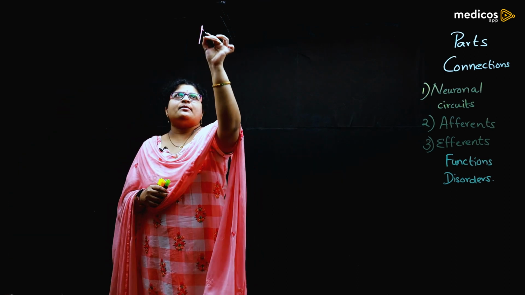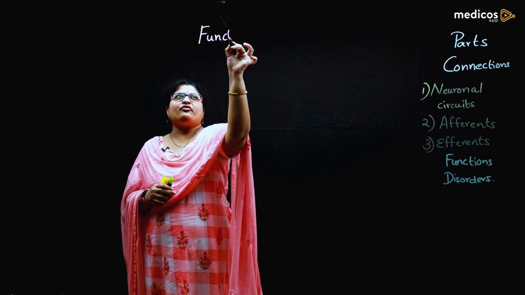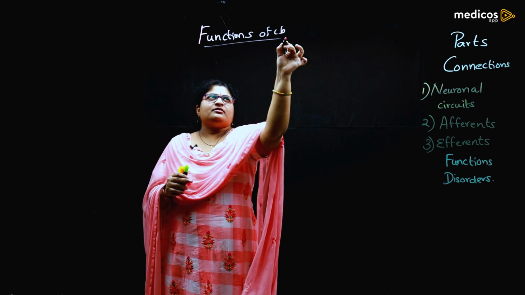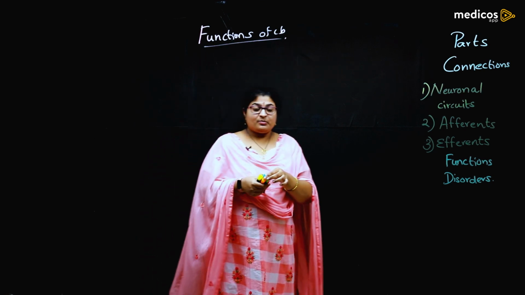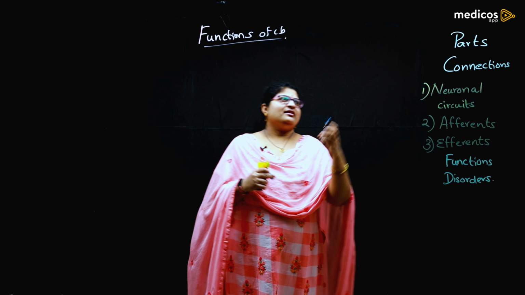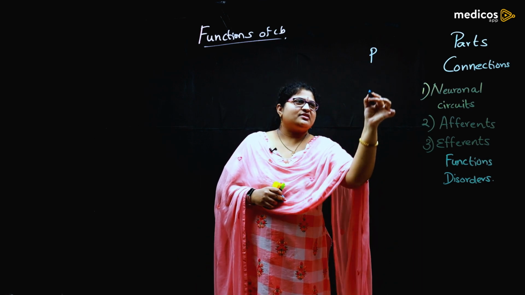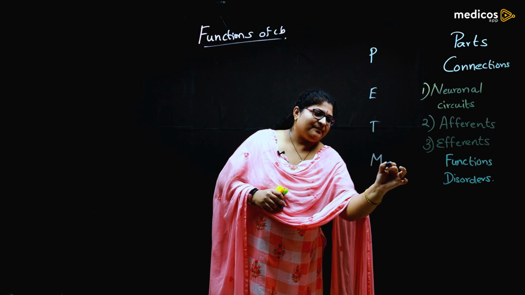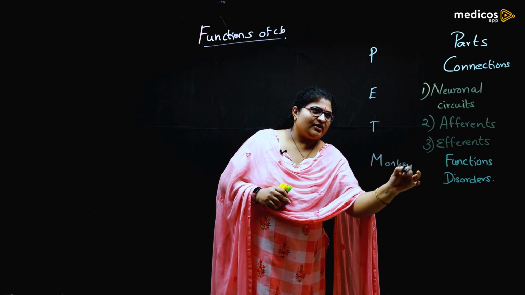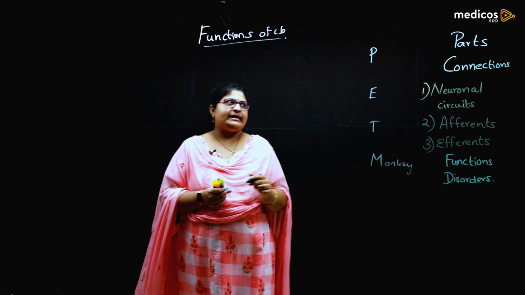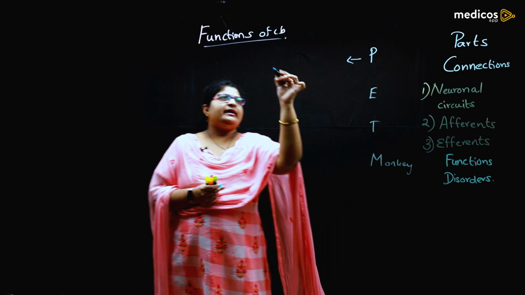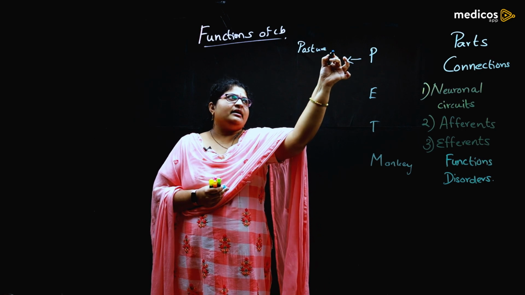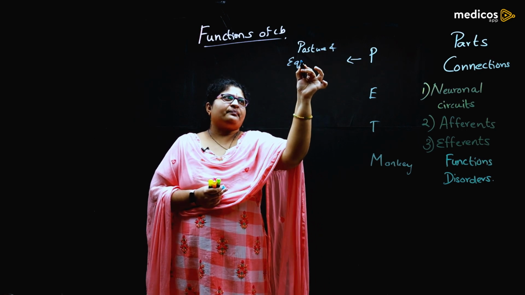Now let us discuss what the functions of the cerebellum are. To remember the functions of the cerebellum, we can "pet a monkey". So let's see what this P, E, T and M are. P helps in regulation of posture and equilibrium.